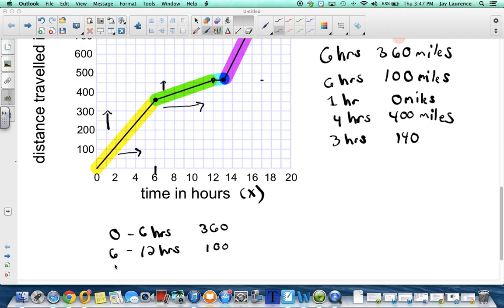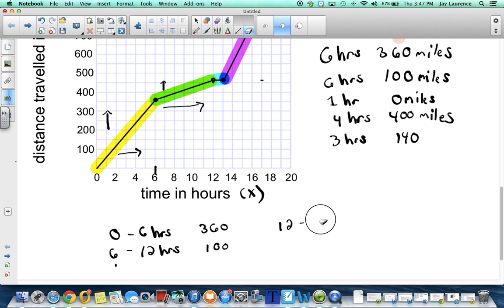Now, from the 12th to the 13th hour, they haven't gone anywhere. They've gone 0 miles. See, it didn't move up at all as it moved to the right.